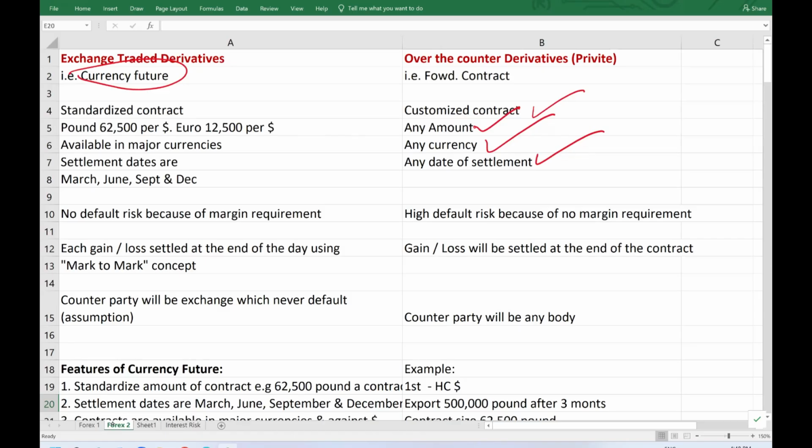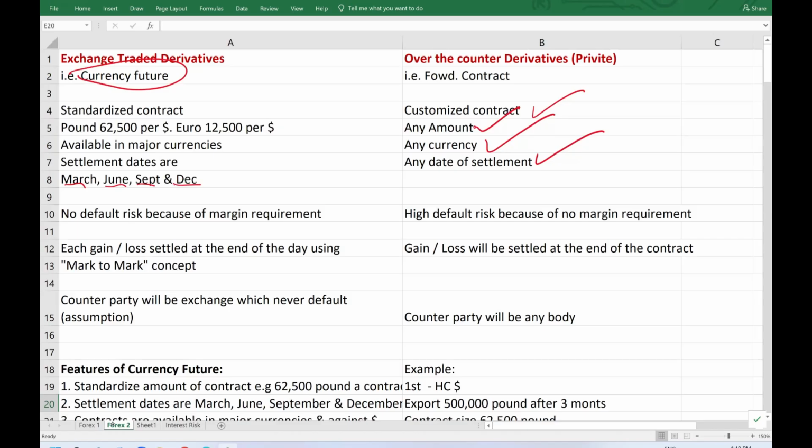But since the currency future is exchange traded, it is not available for any date. It has only 4 maturity dates available: end of March, end of June, end of September, end of December.